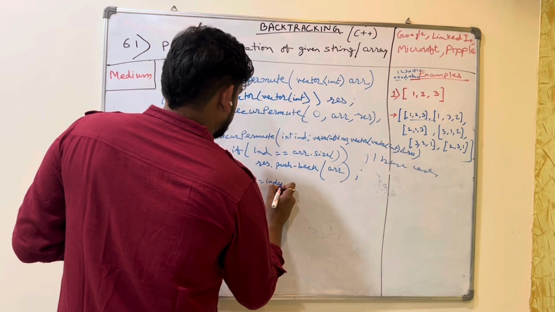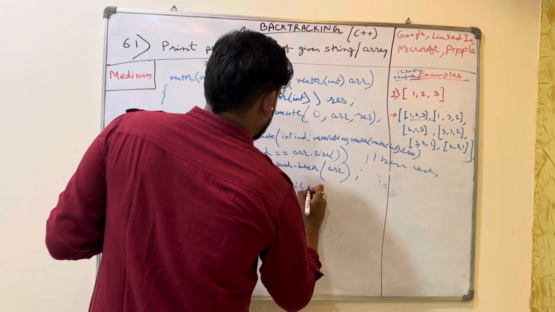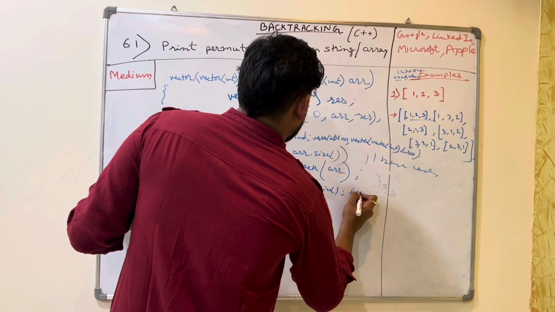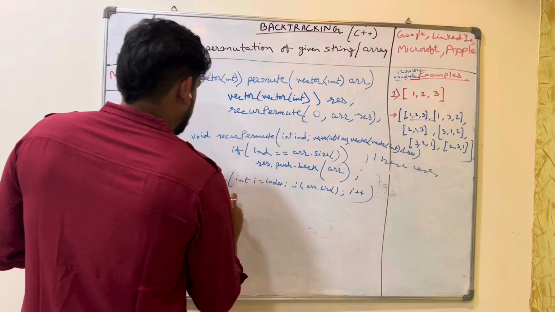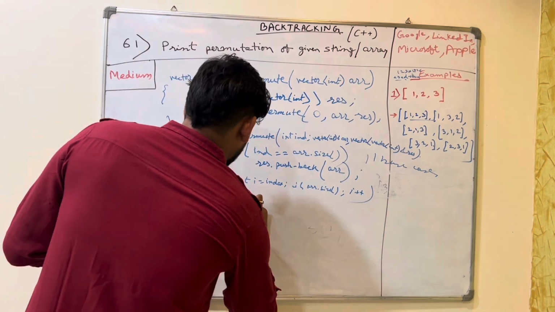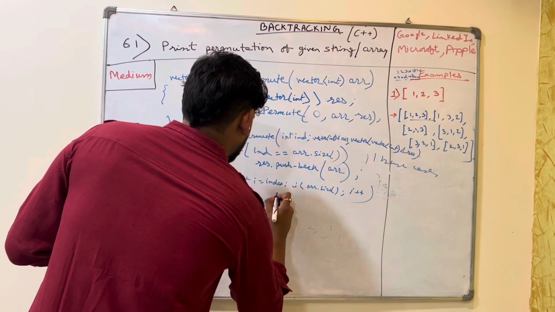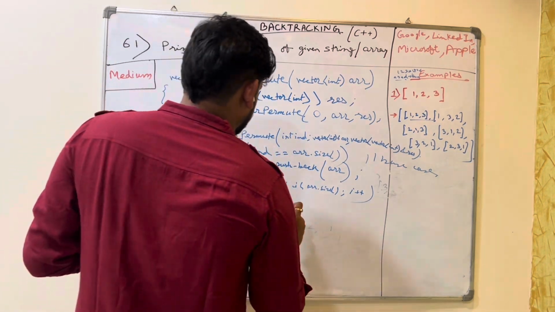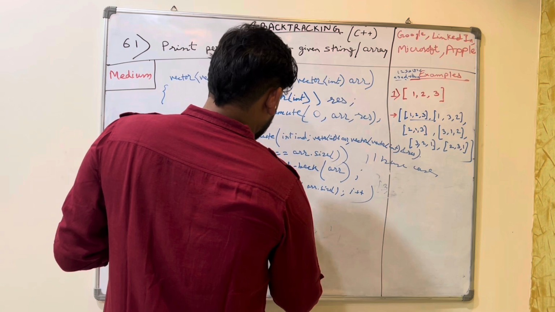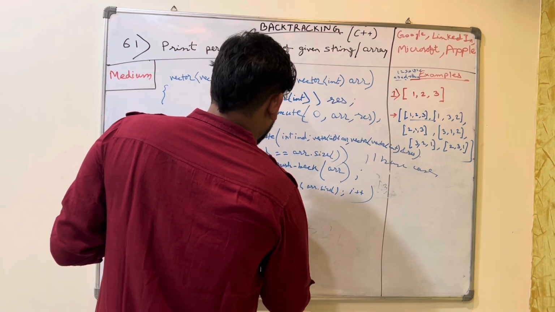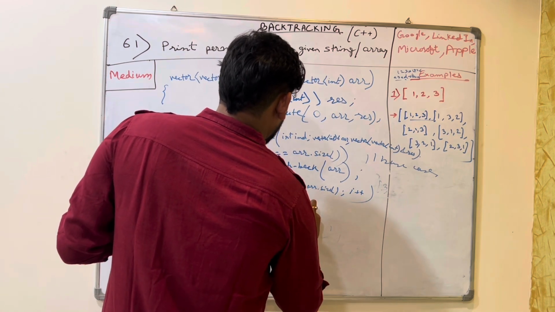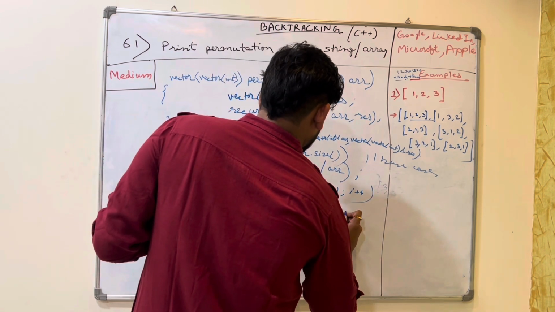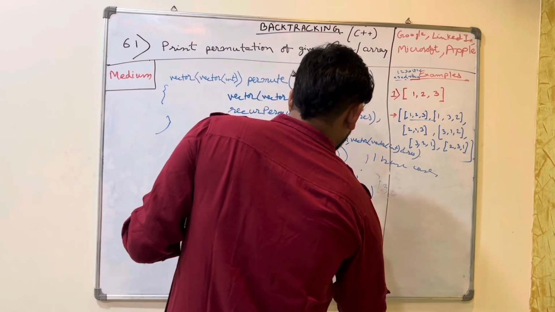Now what we do, we run the loop for int i equal to index, i less than array dot size and i plus plus, and we swap. What do we swap? We swap the array index to array i.